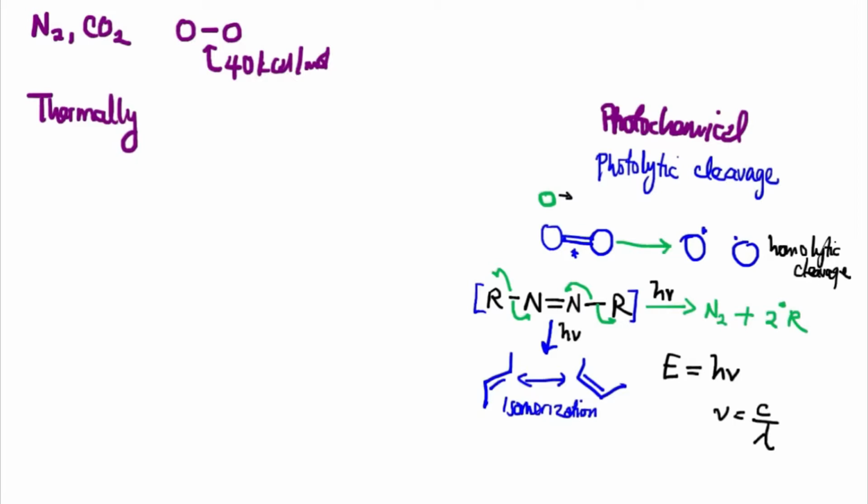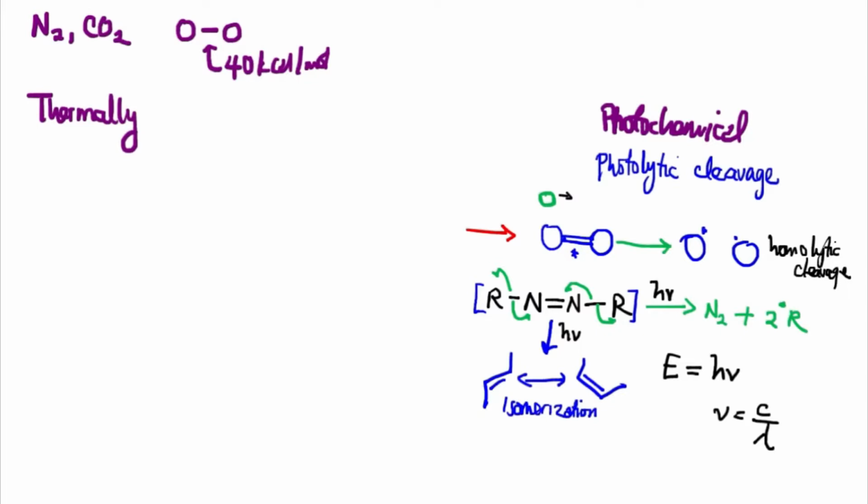The first law is the main focus of this video: molecules must have the ability to absorb photons in order to form homolytic cleavage. This molecule here must have the ability to absorb this particular photon.